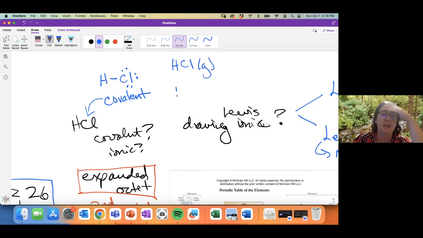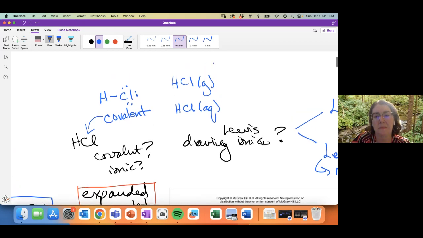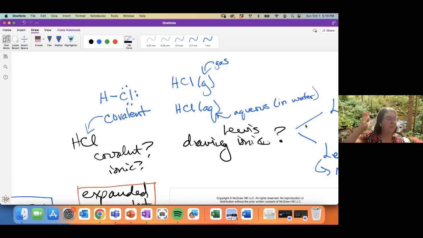You either see it as a gas or you see it in aqueous. Aqueous means in water. So the G here means gas. The AQ here means aqueous, which is specifically in water. Think like Aquaman.